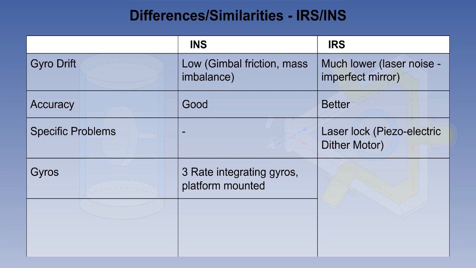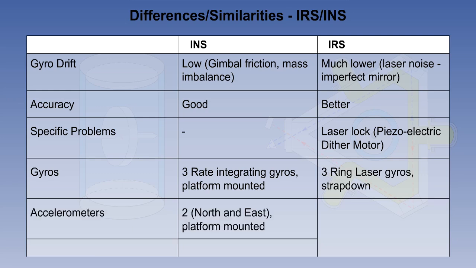There are 3 rate integrating gyros in INS, and they are mounted on a stabilized platform. The IRS has 3 strap-down ring laser gyros. There are 2 accelerometers in INS mounted on a gyro-stabilized platform, which keeps them pointing north and east. The IRS has 3 strap-down accelerometers, fixed in the longitudinal, lateral and normal planes.